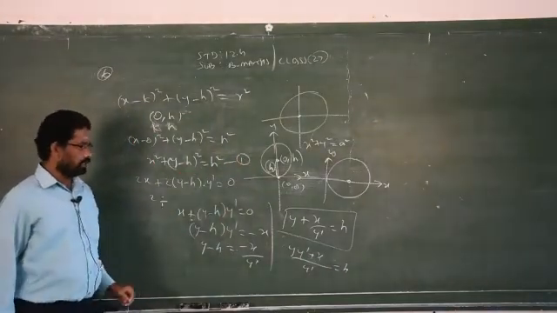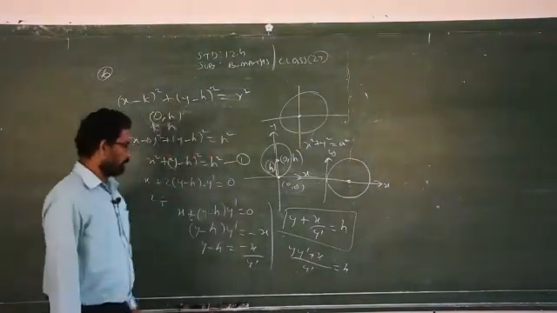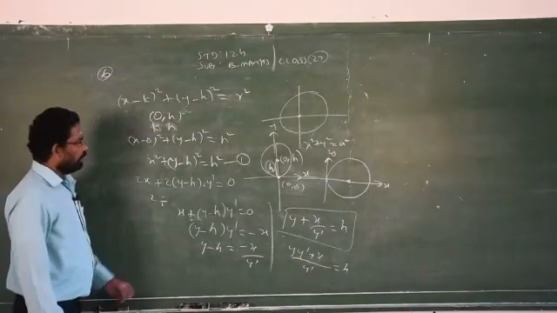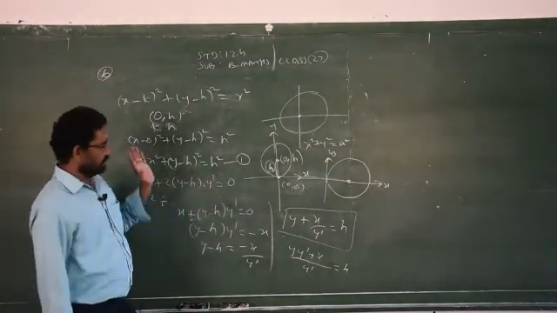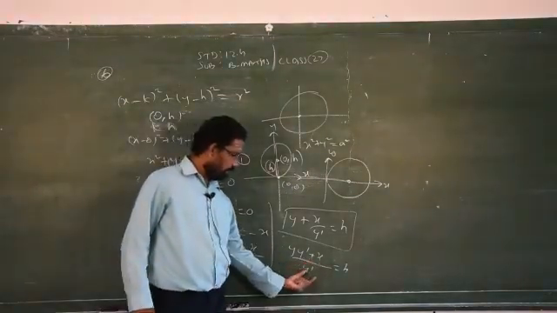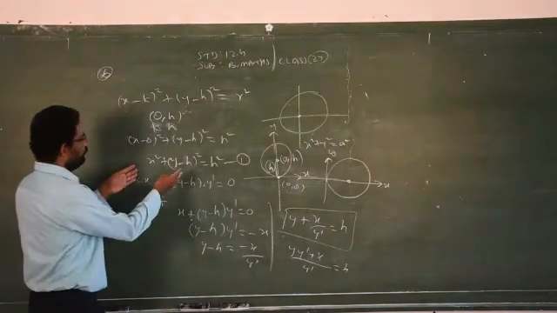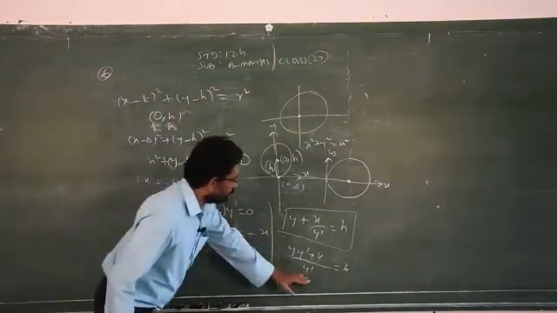Or you can leave it as it is. Replace h by y dash plus x by y dash. Try to simplify, or you can leave it as it is.